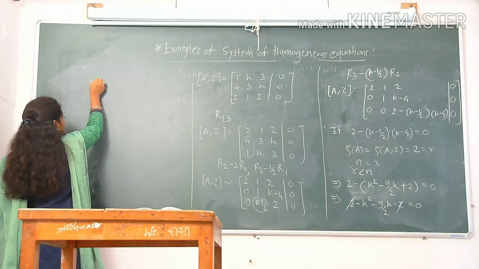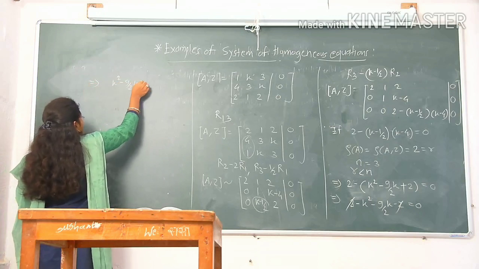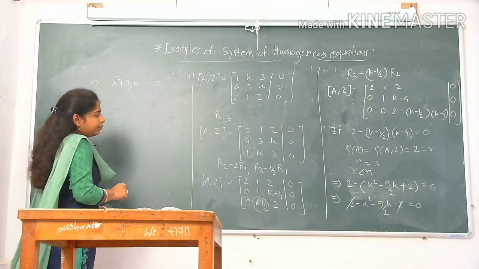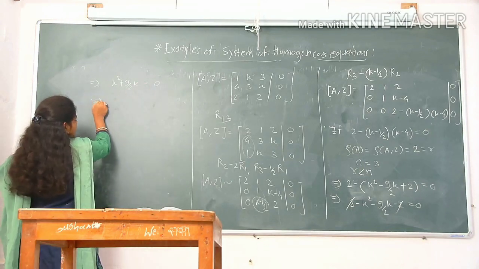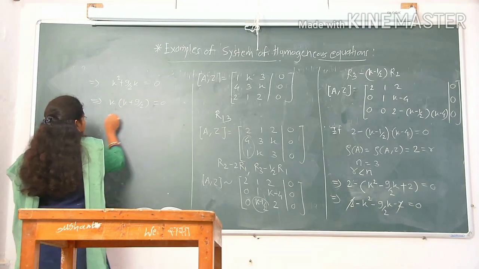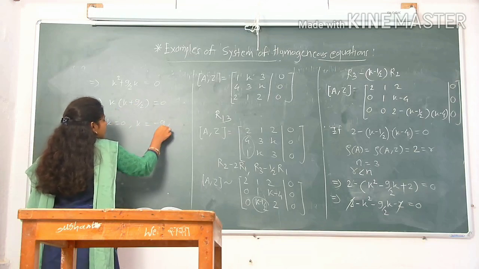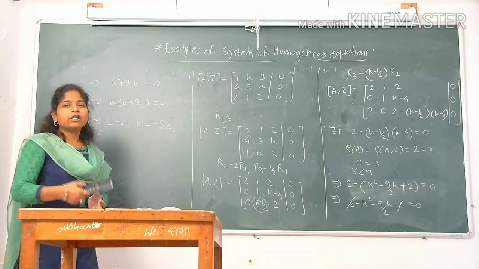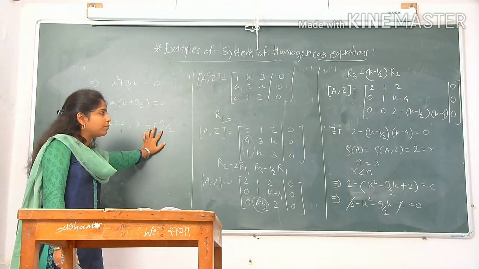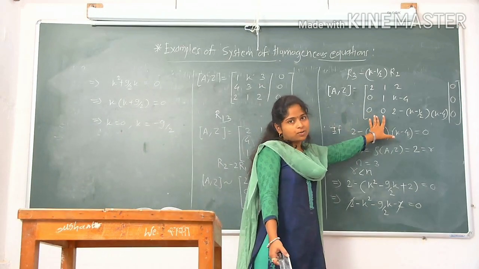So we get k square minus 9 by 2 k is equal to 0, which implies k into k plus 9 by 2 is equal to 0, which implies k is equal to 0 and k is equal to minus 9 by 2. So when k is equal to 0 or k is equal to minus 9 by 2, this system has a non-trivial solution.